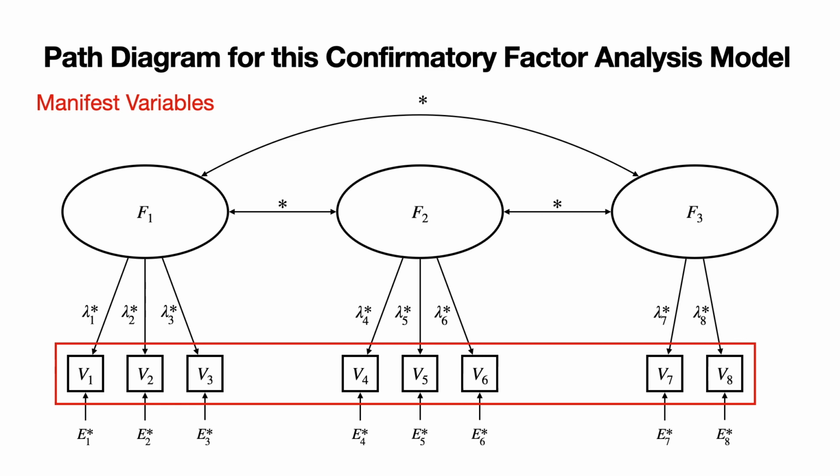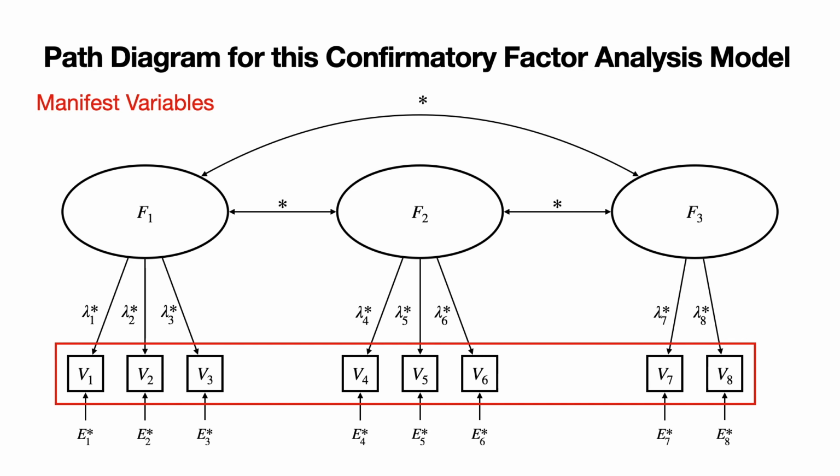Ability is impacting general ability score, V1, GPA in the last year of high school, or V2, and V3, GPA in the first year of college. Because we don't have any one-way arrows from F1 to any of the other manifest variables, F1 is not impacting V4 through V8 in a direct fashion.